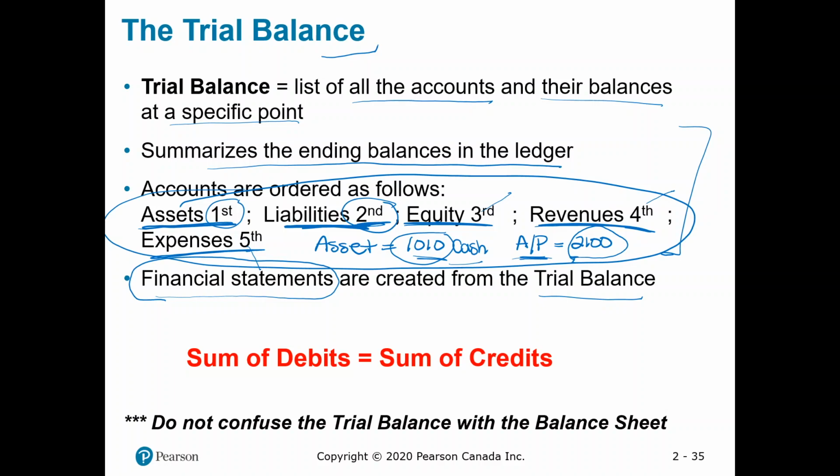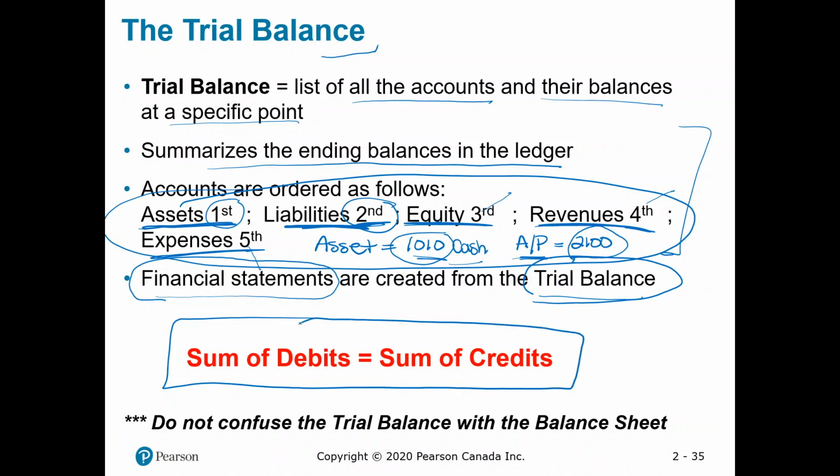They often gave you that list of accounts. It just didn't specifically tell you it was a trial balance, but you needed that list of accounts in order to create the financial statements. And again, one of the reasons we're doing the trial balance is to check that the sum of our debit accounts equals the sum of our credit accounts.